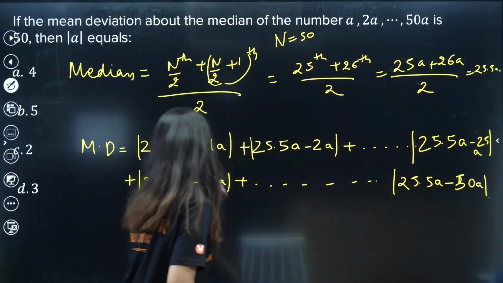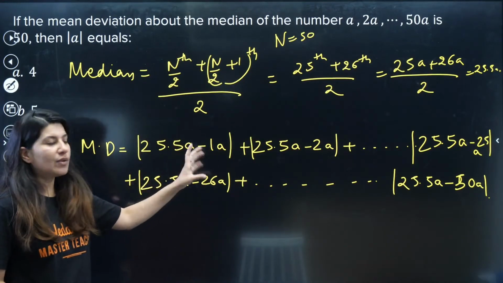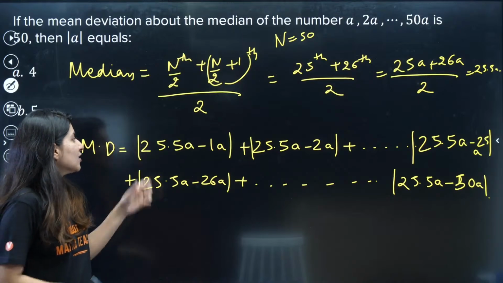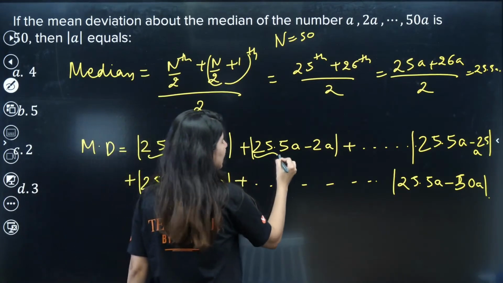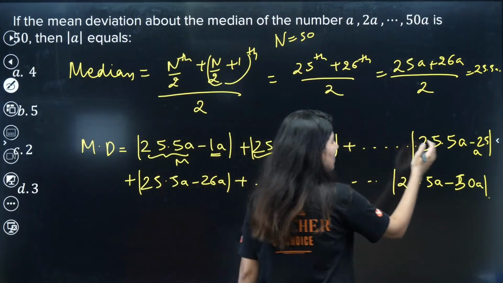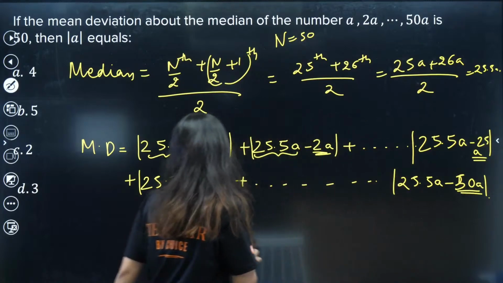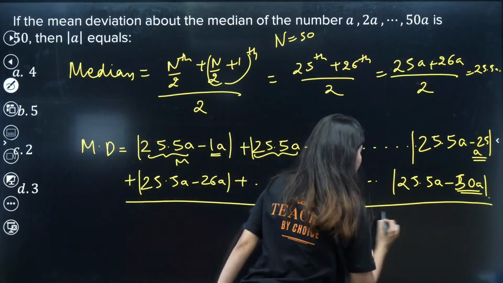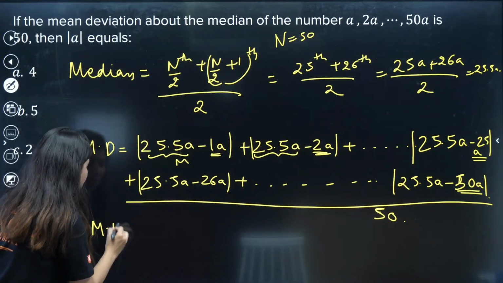Right? Can you see the formula? Basically median minus observation. Modulus is involved, so it doesn't matter what you write. So median minus first observation, median minus second, median minus third, median minus 25th, median minus 50th observation, whole upon how many observations? 50 observations. You just need to write the mean deviation in a positive way.